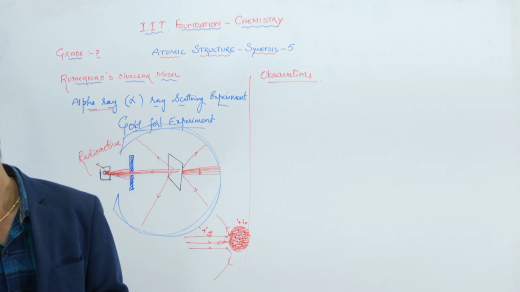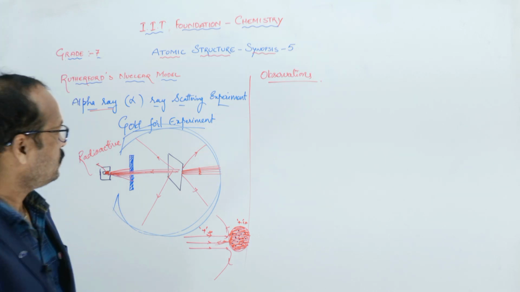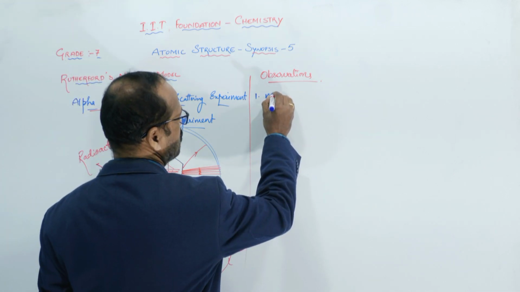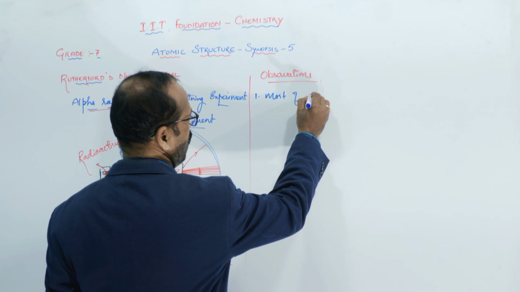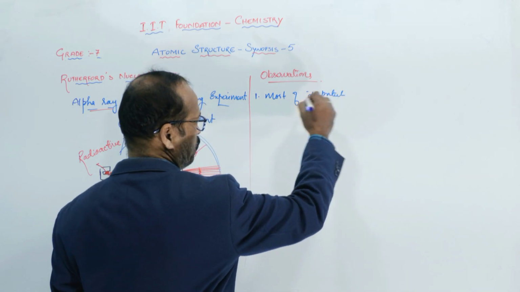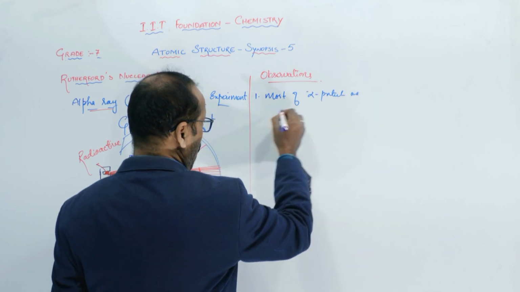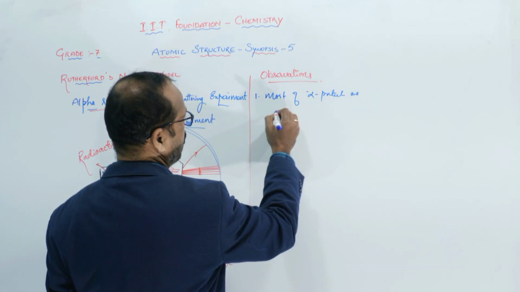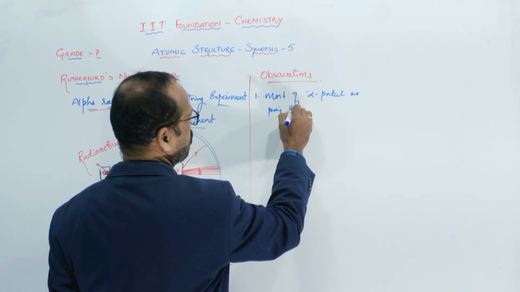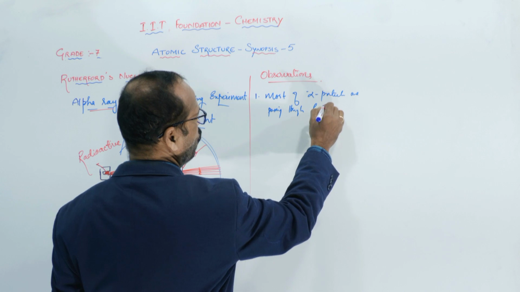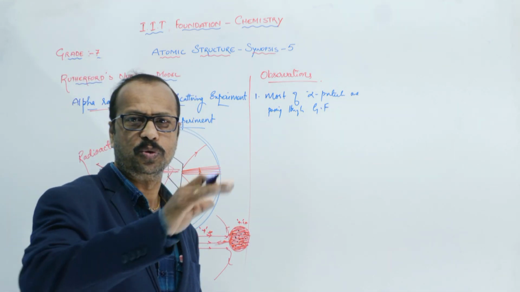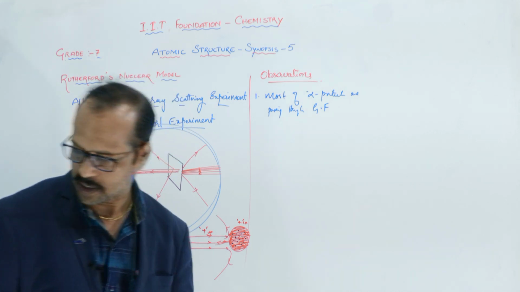So his first observation is that most of the alpha particles are passing through the gold foil. You can't understand, no?